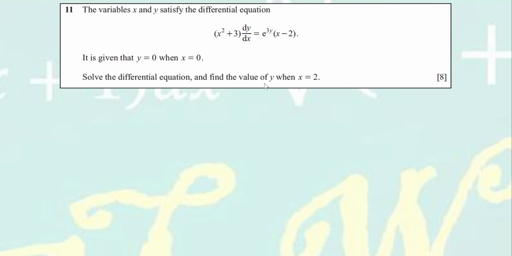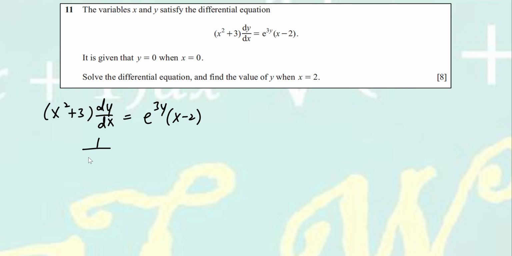Question 11, given the differential equation and y0, x0, solve the differential equation and find the y when x equals to 2. So now, x squared plus 3 dy dx equals to e3y times x minus 2. So the y should be on the left side. That means the e3y will be moved down.